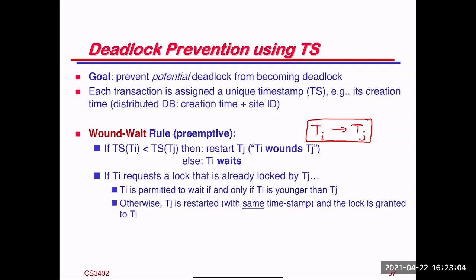If you like, you can think of giving each transaction an ID, and then breaking ties using those IDs. If you use, for example, real time as the timestamp, and I assign two transactions the exact same real time on, let's say, a multiprocessor system, then I can use the transaction ID to break ties.